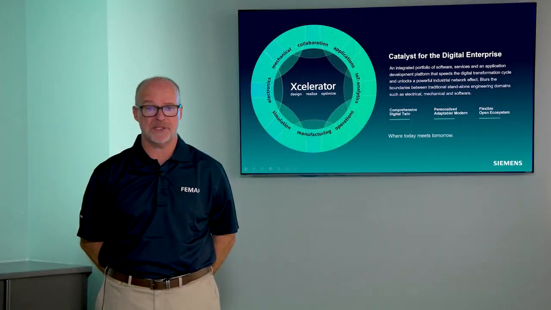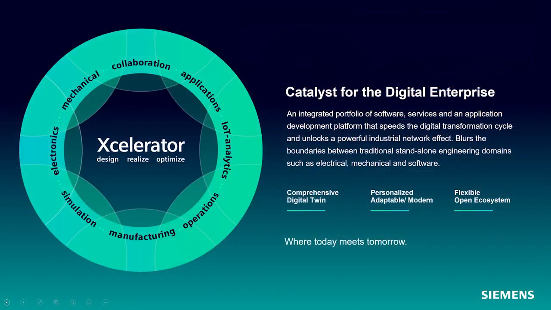Accelerator is our comprehensive integrated portfolio of software, services, and an application development platform. The portfolio accelerates the transformation of businesses into digital enterprises and unlocks a powerful industrial network effect, essential requirements to leverage complexity as a competitive advantage, no matter the industry or company.